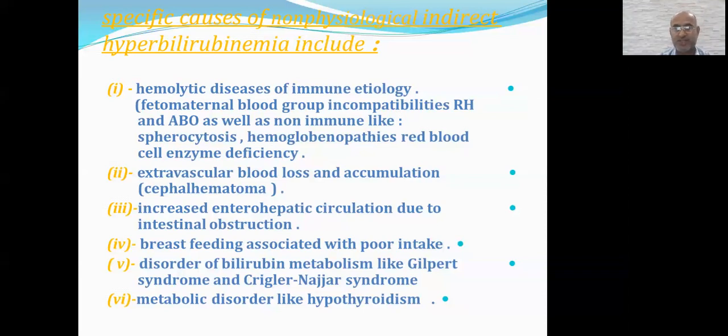Breastfeeding associated with poor intake is an important cause. Disorders of bilirubin metabolism, like Gilbert syndrome and Crigler-Najjar, are related to the level of the transferase enzyme. Metabolic disorders like hypothyroidism are important for indirect bilirubin due to the lazy liver enzyme.